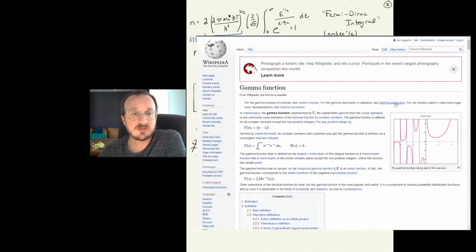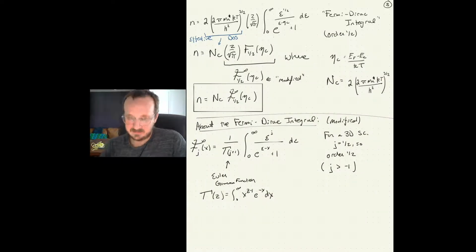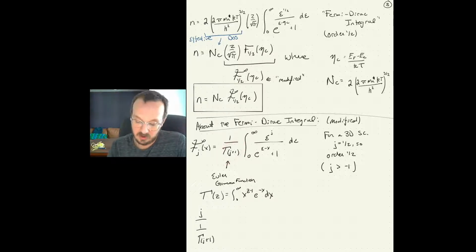But anyway, it's a really interesting function, and this forms the prefactor of the Fermi-Dirac integral. Let's look at different values of this gamma function, for 1 over the gamma function of j plus 1, which is what we care about in the Fermi-Dirac integral. We'll plot it for various values of j.